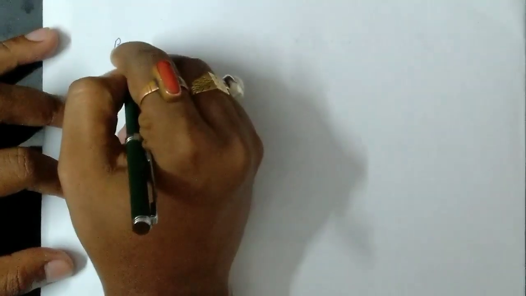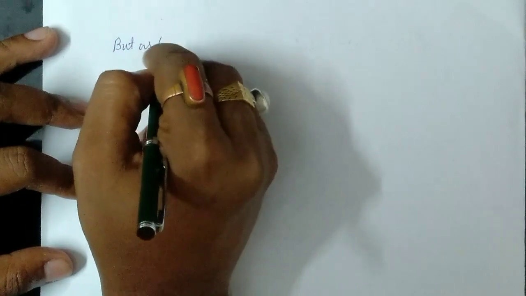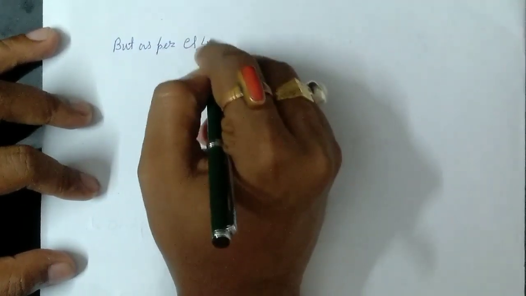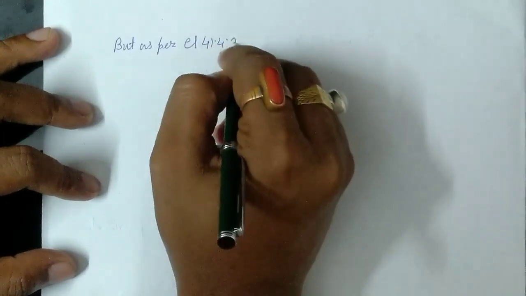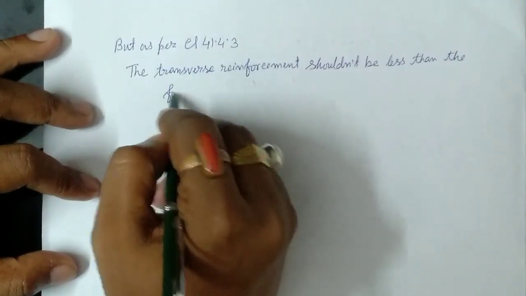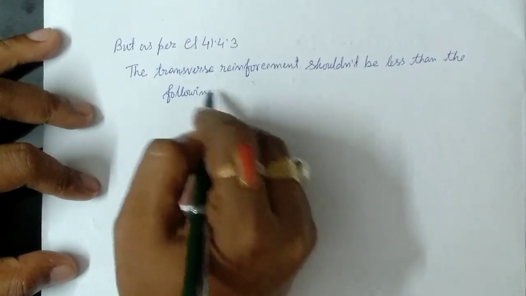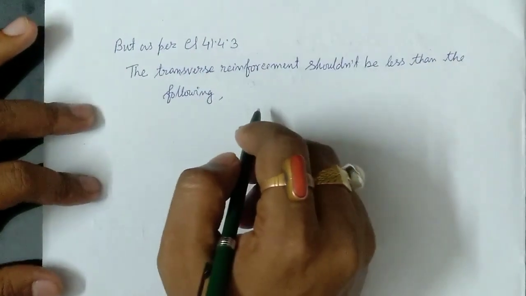But as per clause 41.4.3, the transverse reinforcement should not be less than the following.